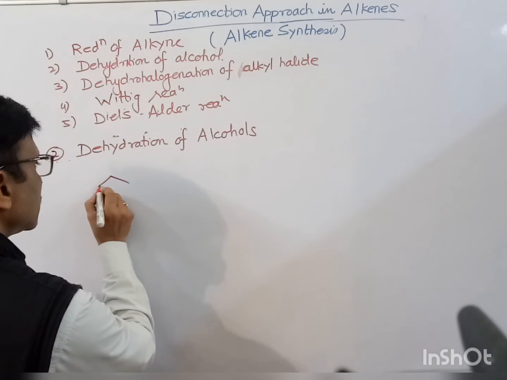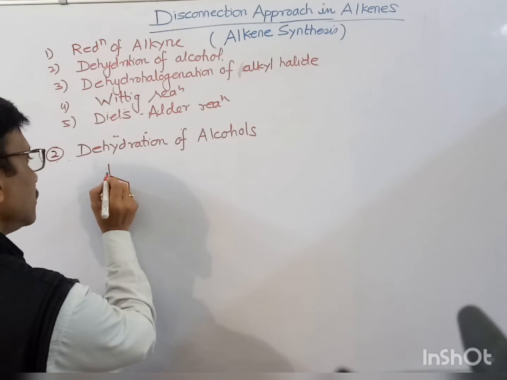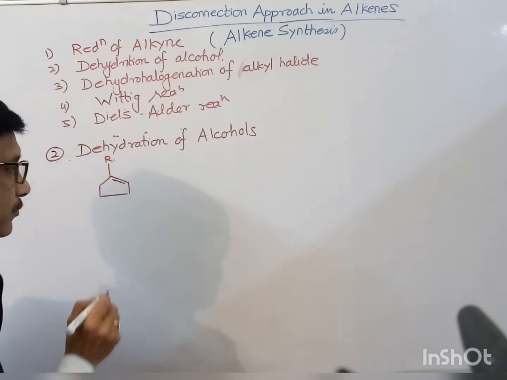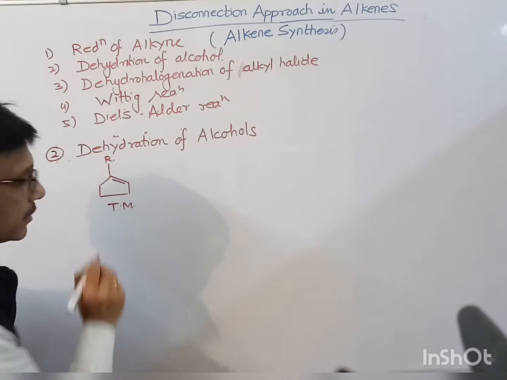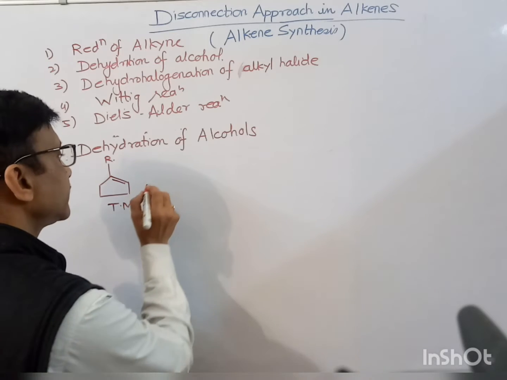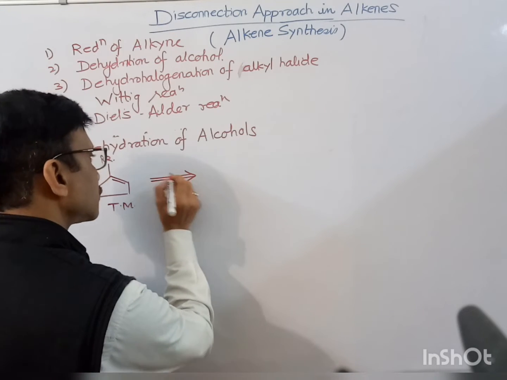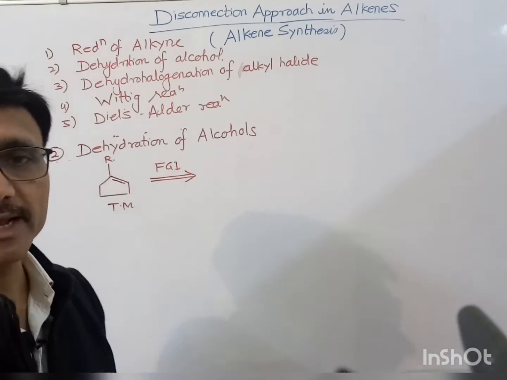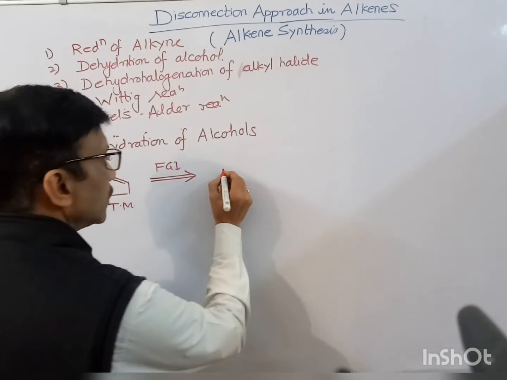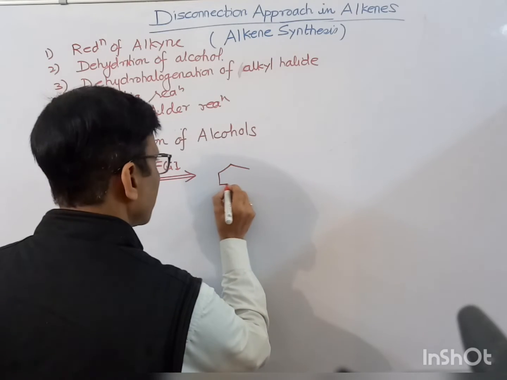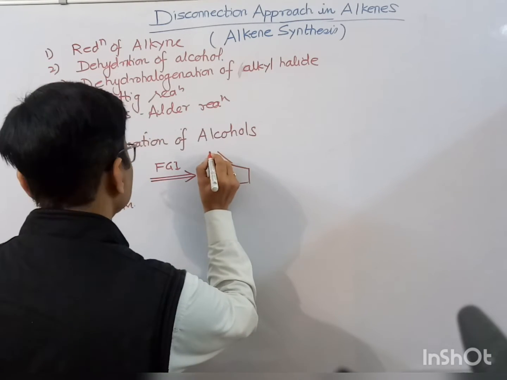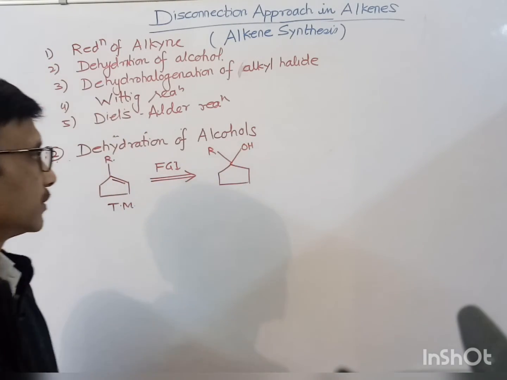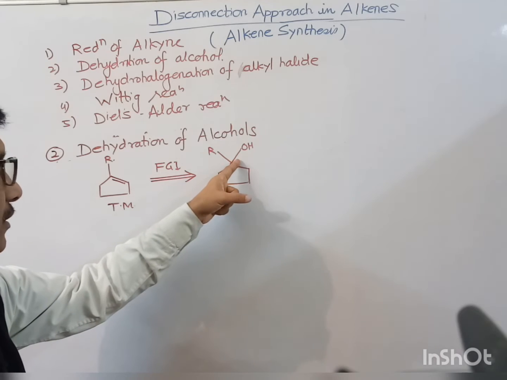If you have a target molecule, this is the target molecule. So how can you disconnect it? Via FGI. First of all, we can do the FGI, and this double bond can be converted into the alcohol. So I have added OH over here.